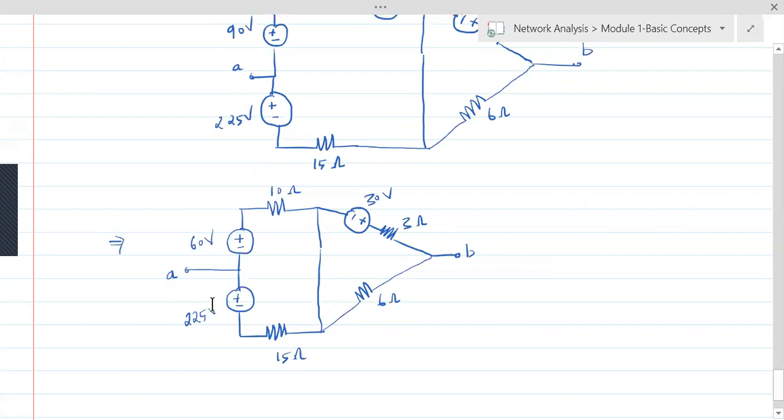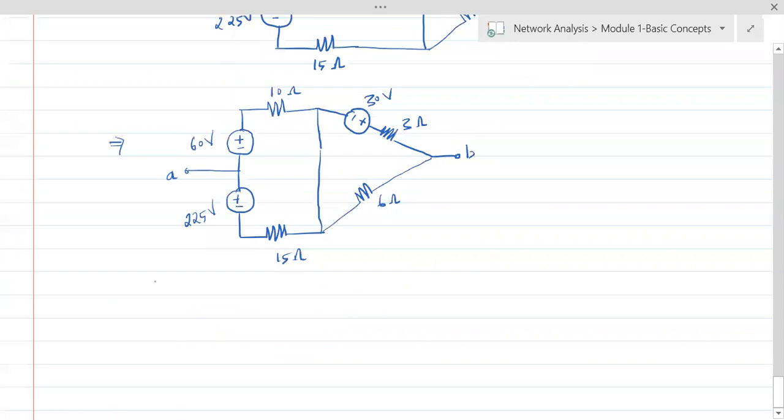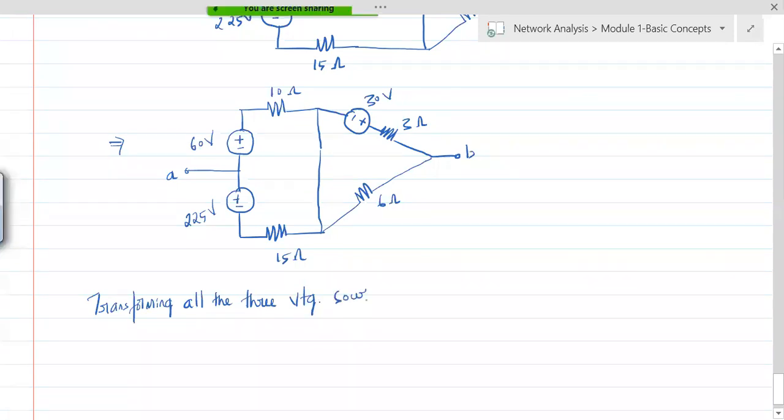So let's say transforming all the 3 voltage sources. How does it look like?